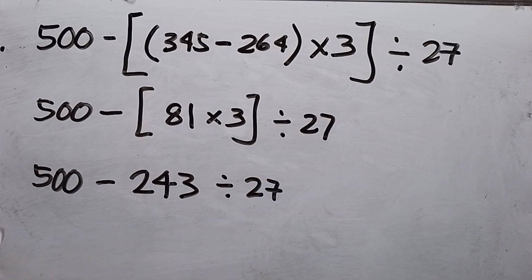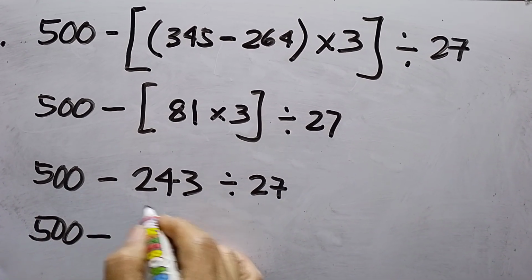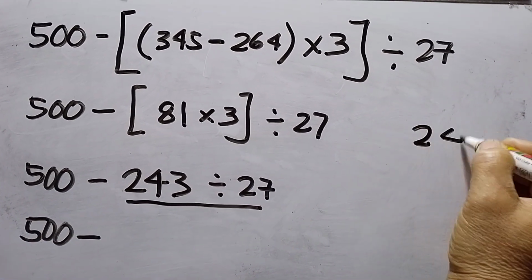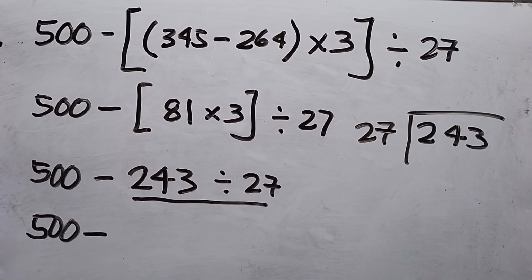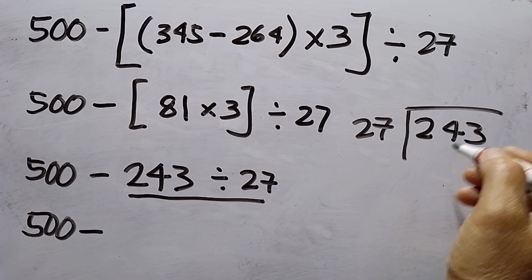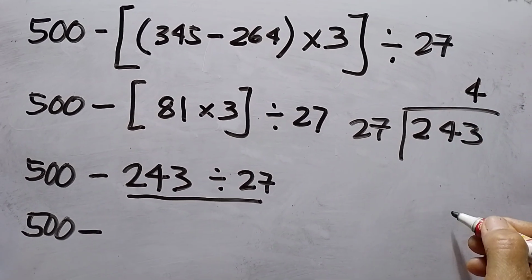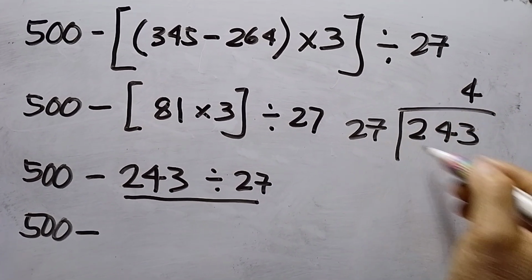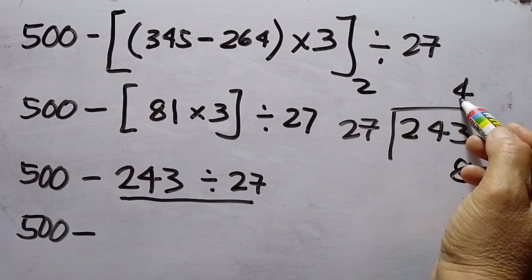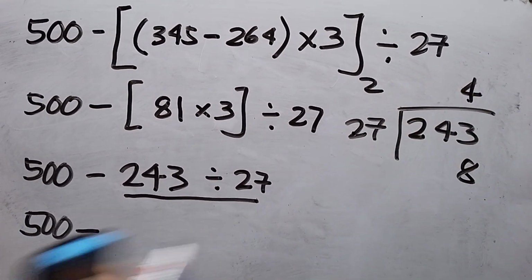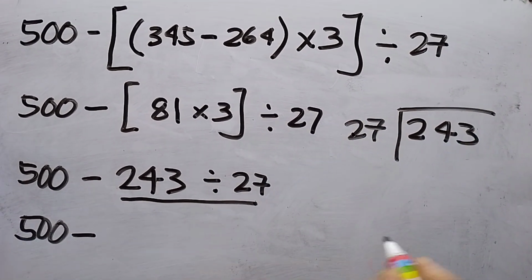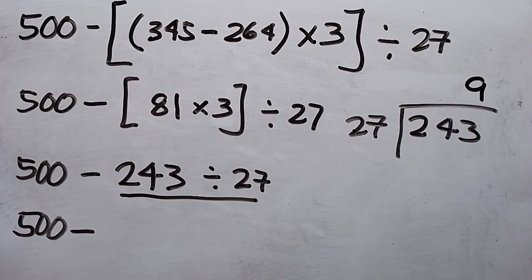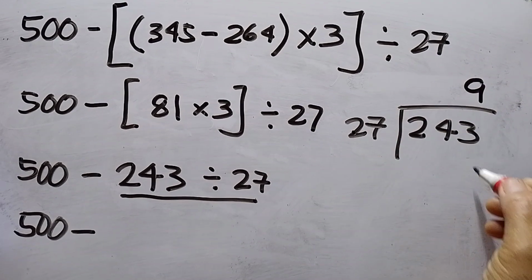So again, copy 500. Then simplify this one. 243 divided by 27. So estimate. So let's say 4. This is 28, carry 2. 8, 10. So I need to increase. So let's say 9. Estimate. 9 times 7 is 63.